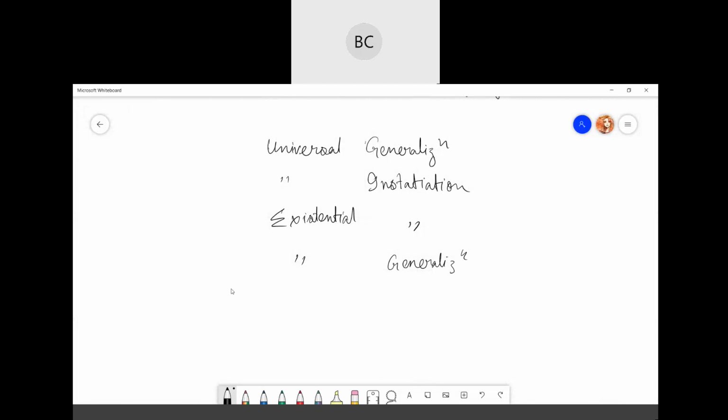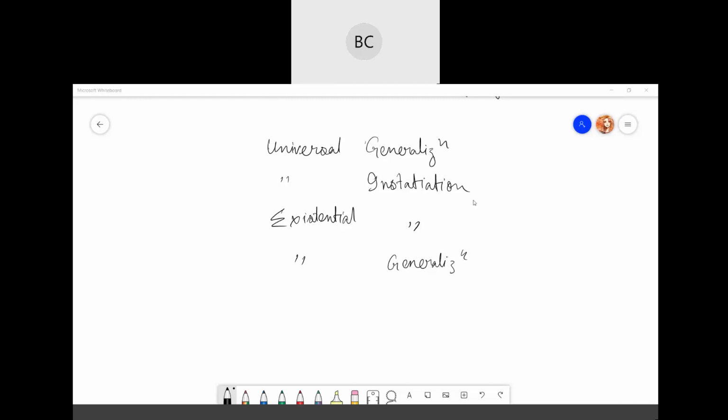So in the last class, we saw the four basic types of inference rules in first order predicate logic: universal generalization, universal instantiation, existential generalization, and existential instantiation.